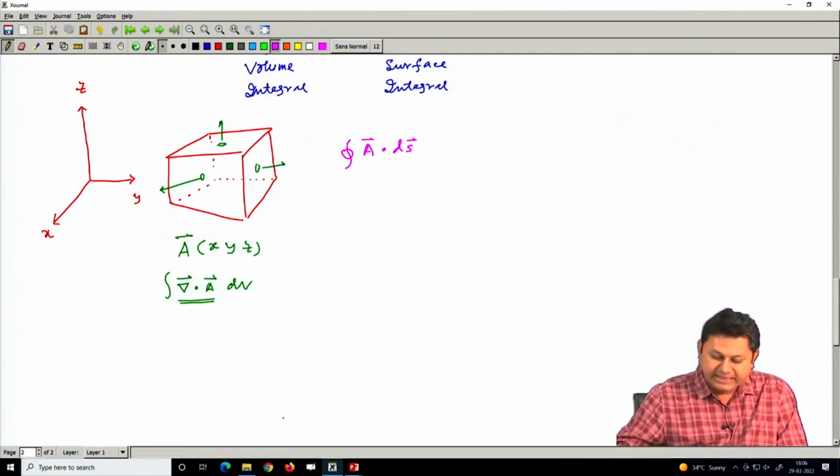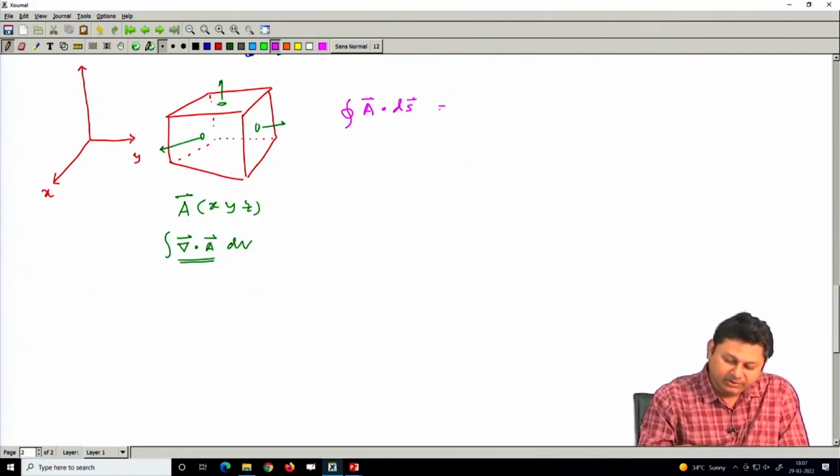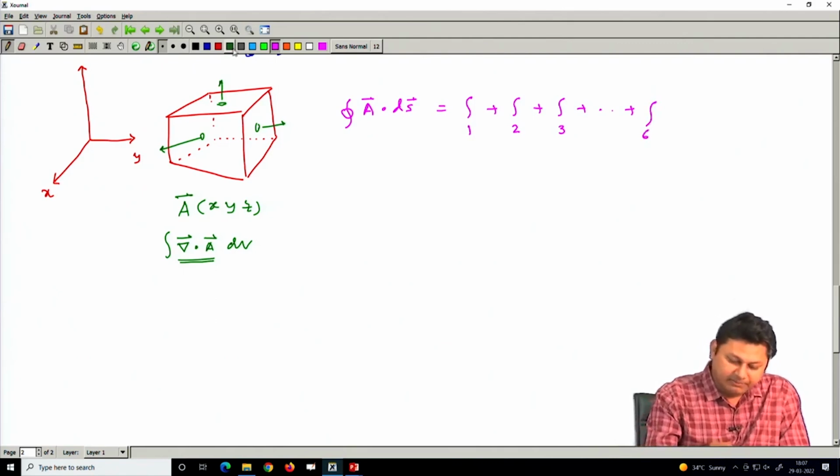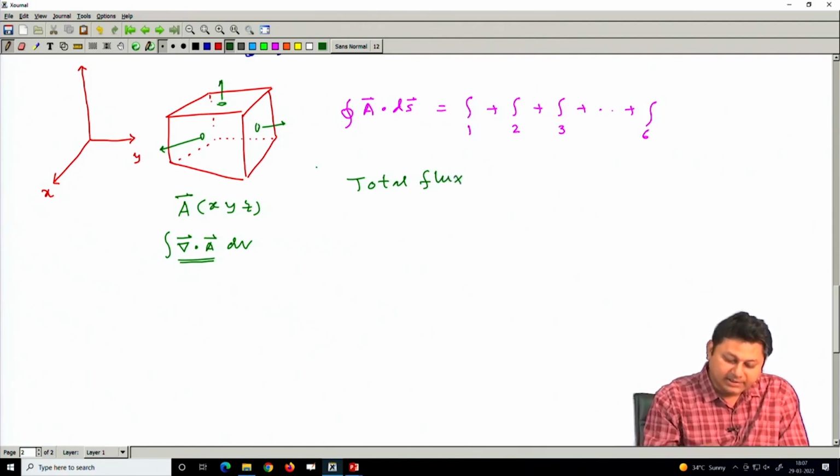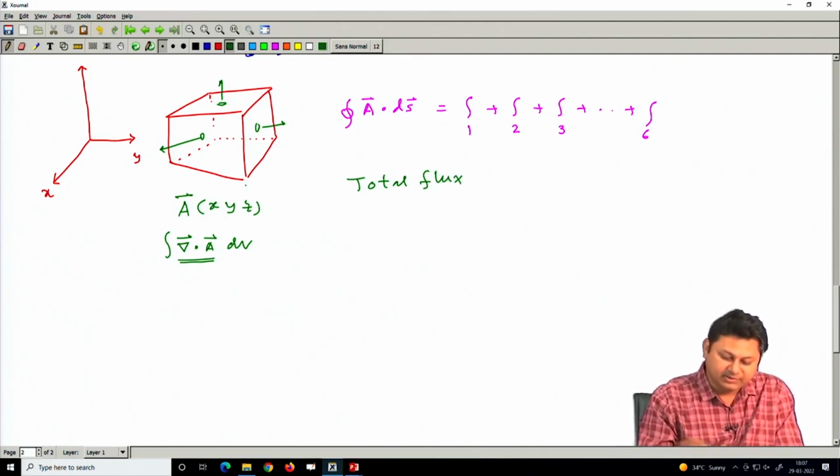So, the statement is saying that this is with 6 surfaces. So, for this particular volume you need to calculate the surface integral of all these 6 surfaces and then add them to find the closed surface integral. So, the statement eventually tells us that the total flux, that means the vector field that is coming out through this entire surface enclosing the volume, is equivalent to the divergence over the volume.